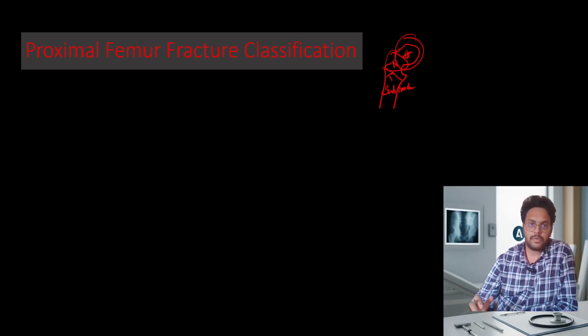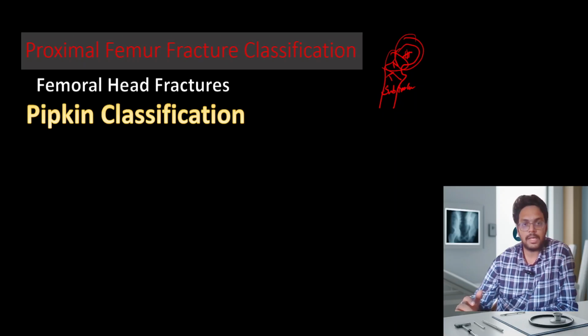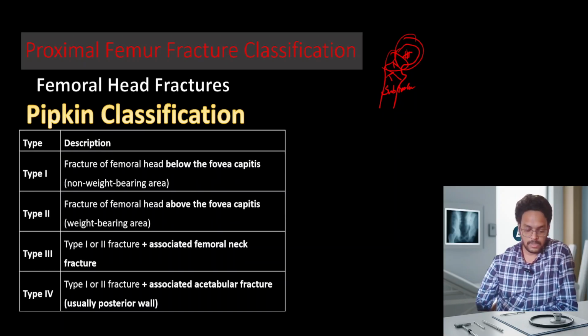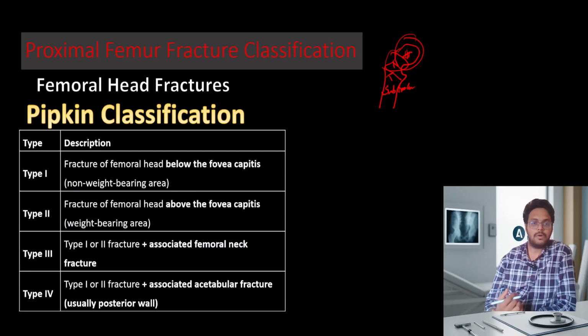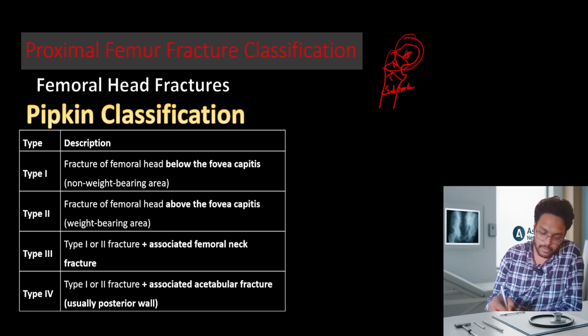So in the proximal femur, first is our femoral head fractures, and the classification name for the femoral head is Pipkin's classification. What are the types of Pipkin's classification? There are 4 types for femoral head fractures. Type 1 is the fracture of the femoral head below the fovea capitis.